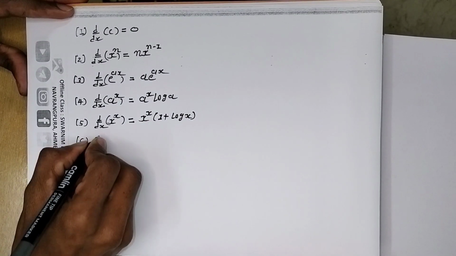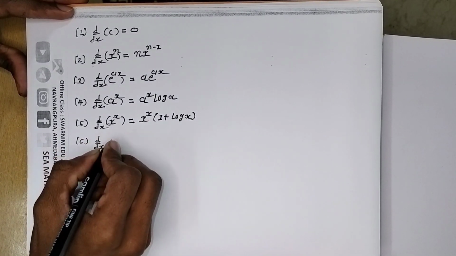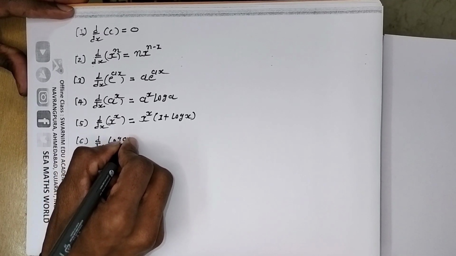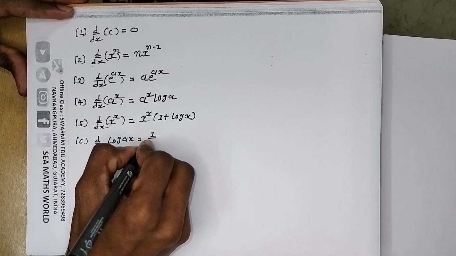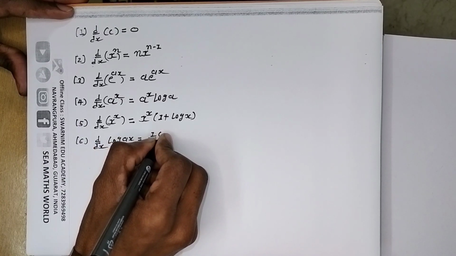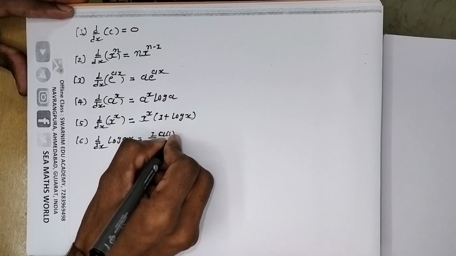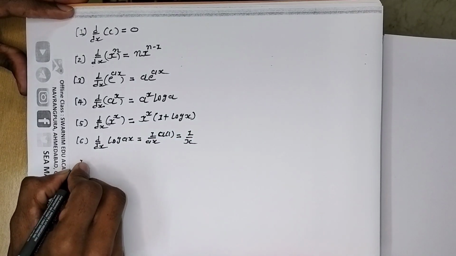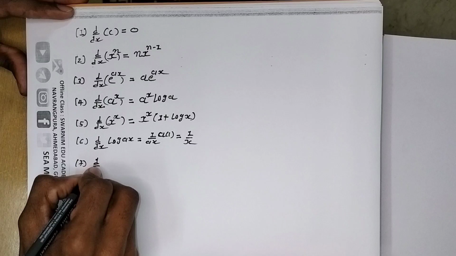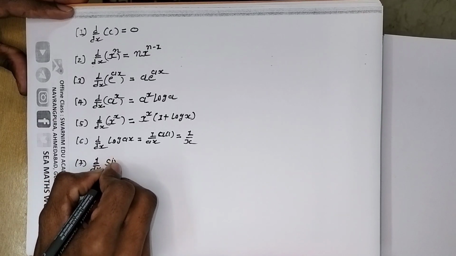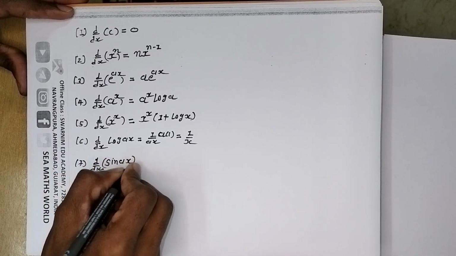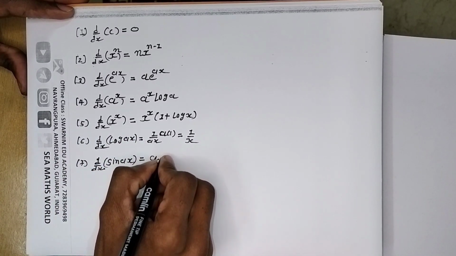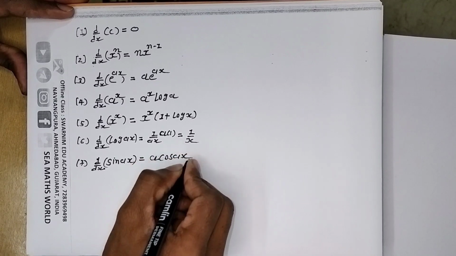Next, differentiation of log ax is equal to 1 upon ax. Ax differentiation is a, so a cuts, finally 1 by x. Next, differentiation of sin ax was a cos ax.